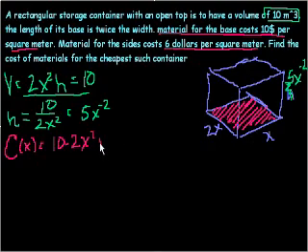And now we want to add the cost of the material on the sides. And this is where it gets a little bit interesting. So there's two sides that are x. This side and this side are the same size, right? And so what are their areas? It's going to be $6 per square meter for those two sides, right?